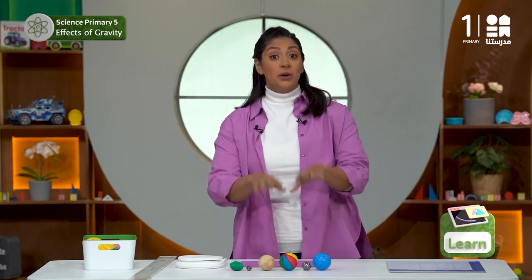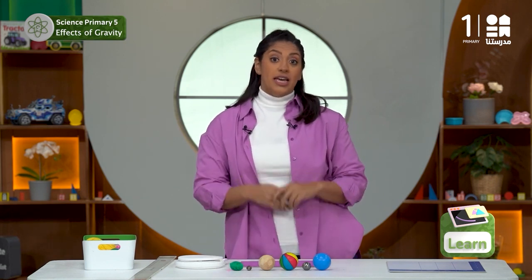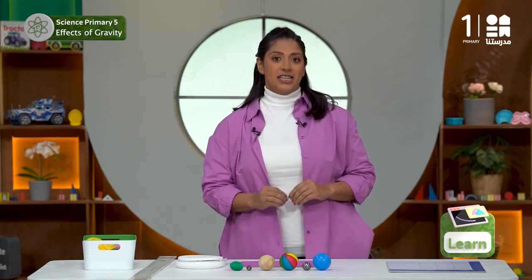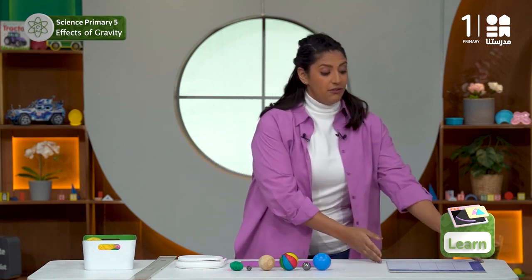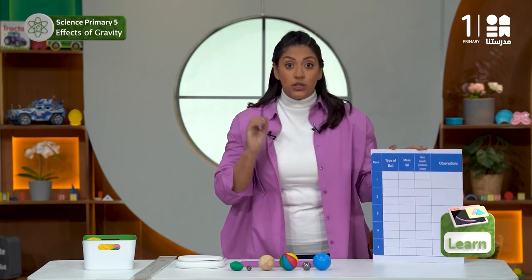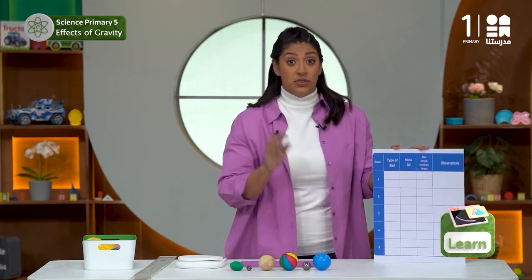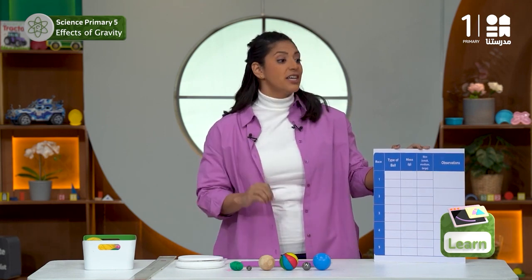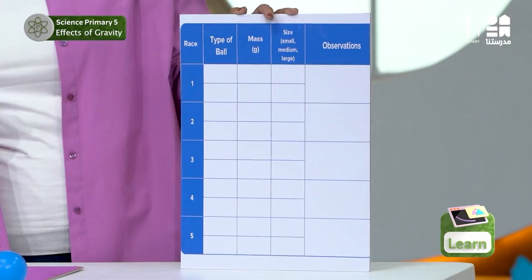Now that we have different shapes and sizes of these balls and the materials as well, we are going to start our investigation. As we can find here in your books, you will find a table just like that. We are going to form a race between those balls with different shapes and sizes, and we are going to test the gravity and how it affects the motion of these balls or objects.